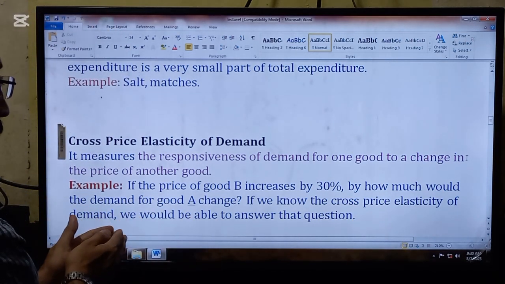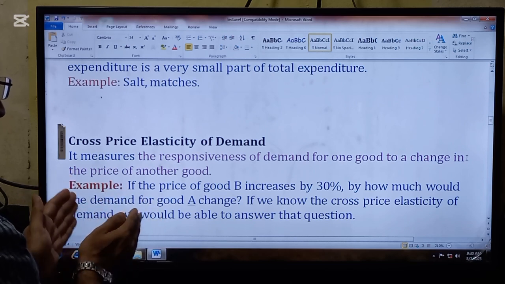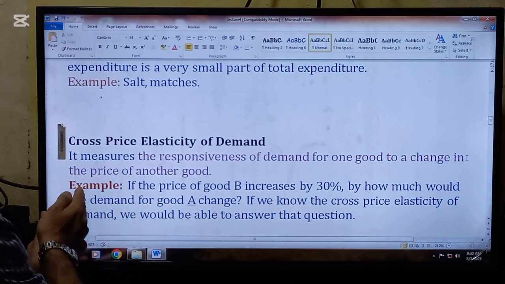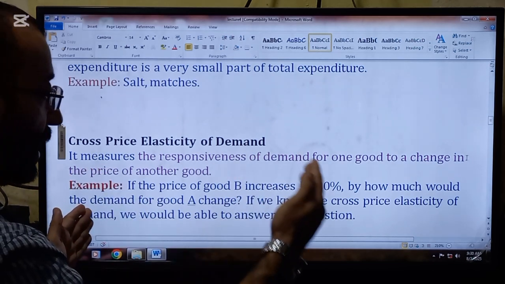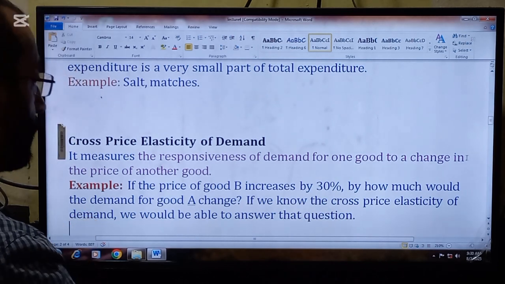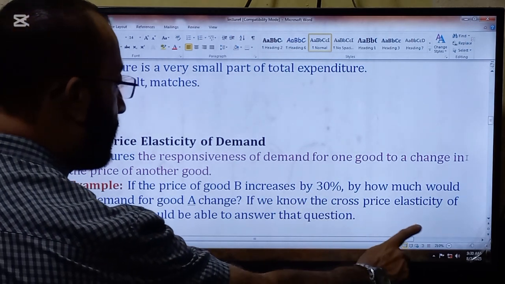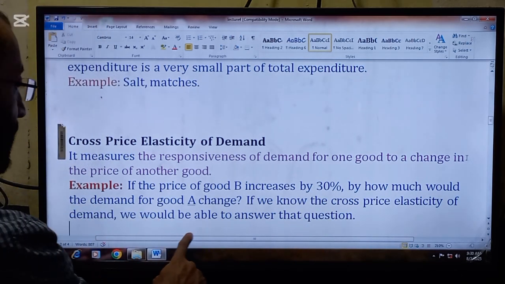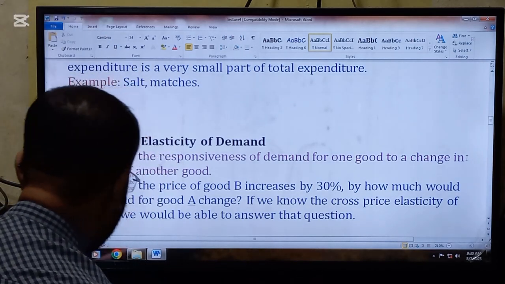So we are going to look at the relationship between the change in the price of one good and the change in the demand of another good. If we know the cross price elasticity of demand, we would be able to answer that question.